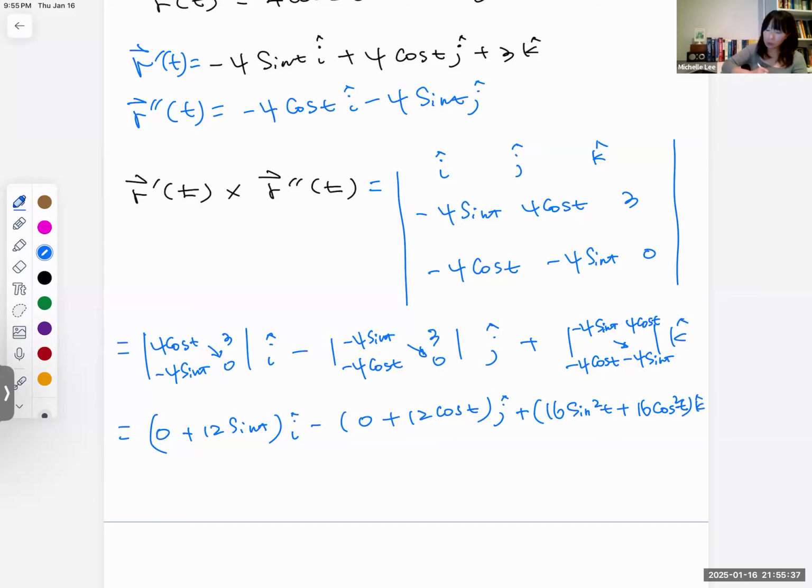All right, so we get 12 sine t i hat minus 12 cosine t j hat. So we have a 16 then, yeah, plus 16, because we have sine squared t, cosine squared t, right?